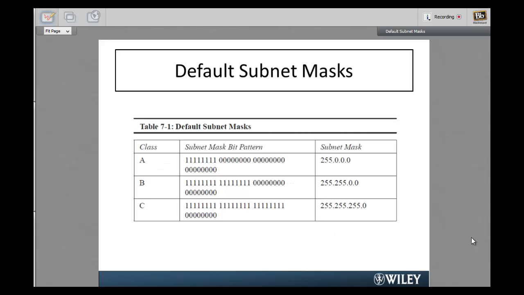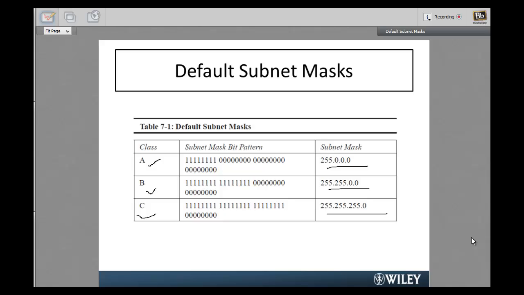So these are the subnet mask patterns for the classes. For class A, you see, this is the subnet mask. For class B, this is a subnet mask. And for class C, this is a subnet mask. Okay?